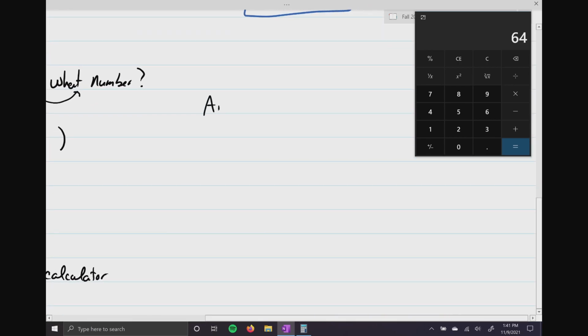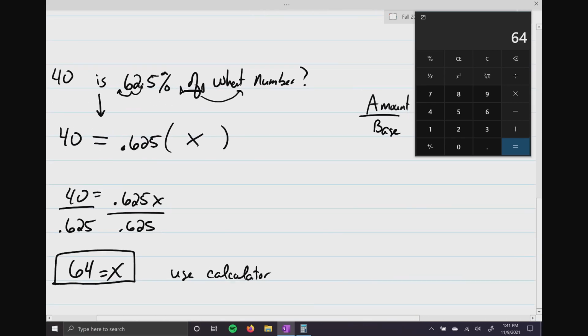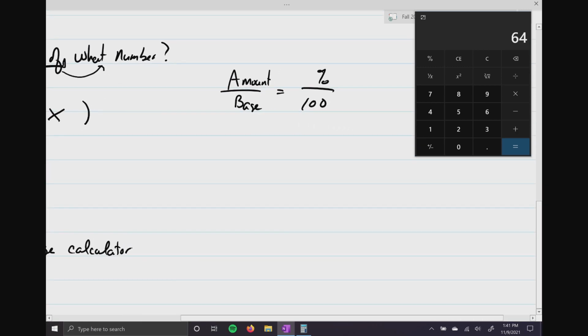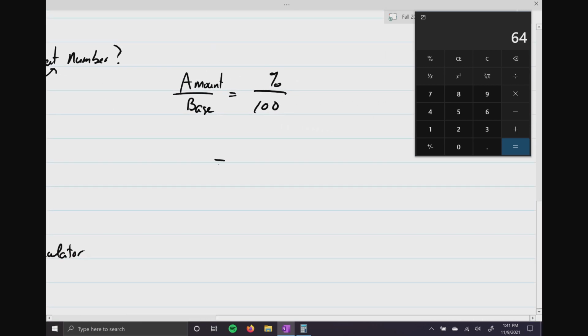So we've got the amount over the base equals the percent over 100. To set this up, if you read it one more time, 40 is 62.5% of what number? Well, set up your problem. 62.5 is going to go right there. Of what number?